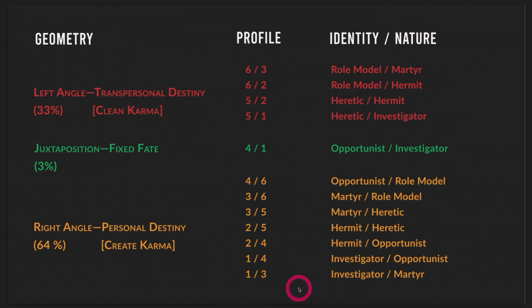One of my favorite metaphors is that the right angle profiles are the R&D, the research and development, right? And the left angles are all about the publicity. They're the PR department. They externalize, they universalize, they administrate.